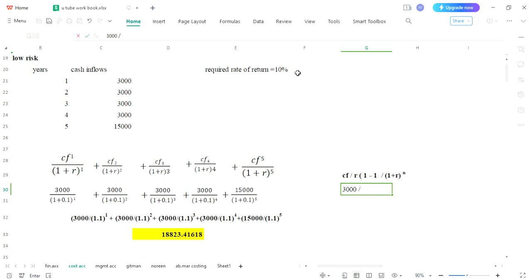R was 10%, 10 divided by 100 mean 0.1, and then you will open your bracket 1 as it is formula, again 1 divided by, open your bracket, 1 plus r. R was 10%, that means 10 divided by 100, so it would be 1.1, and then you have to put your raised to power. Since how many years? 1 2 3 4, so you will put raised to power as 4.